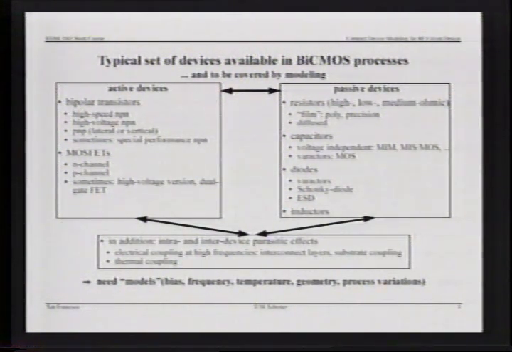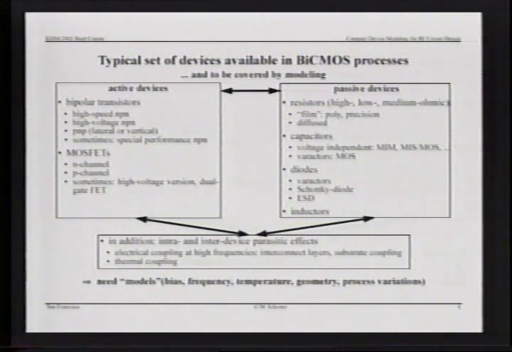What do we have to cover in terms of devices? The left-hand box shows what we see in typical BiCMOS process offerings. We have active devices such as bipolar transistors and MOSFETs. We have a whole bunch of passive devices, and they all come in different flavors, which could be different geometries or different doping profiles. And then there is the unavoidable, which are the parasitic effects.